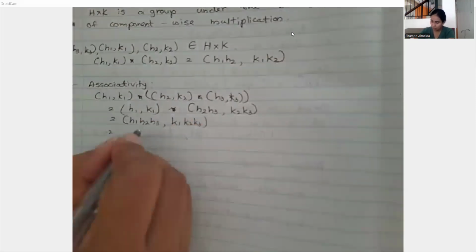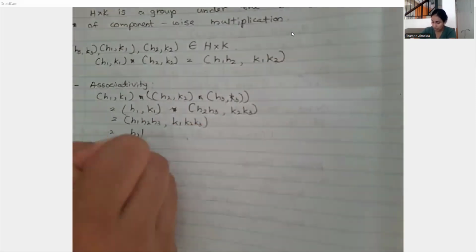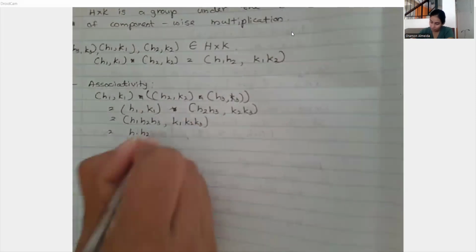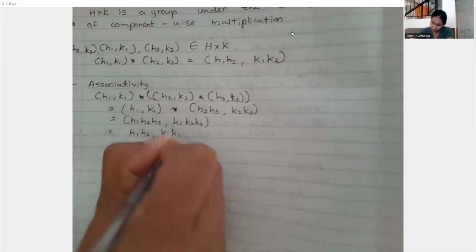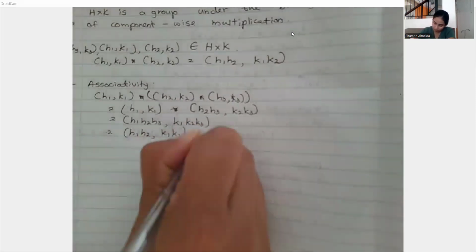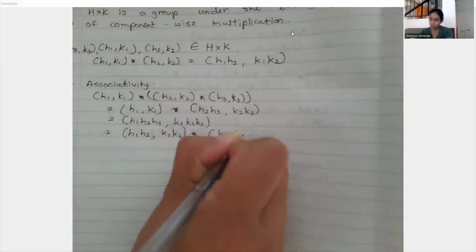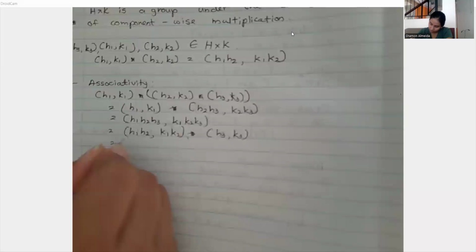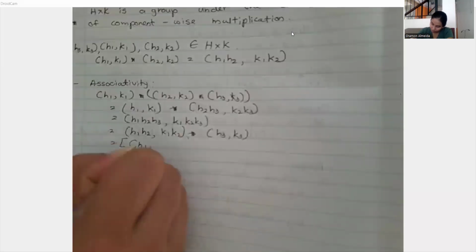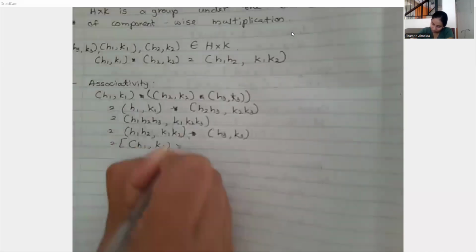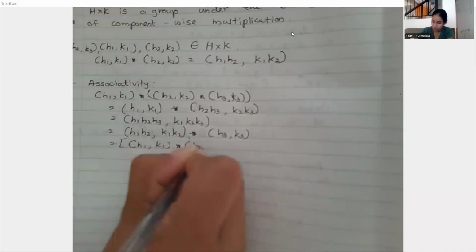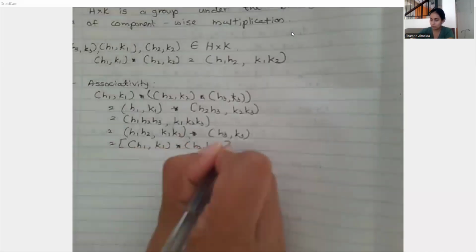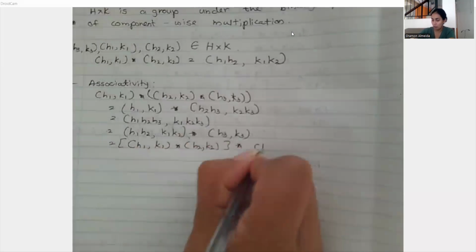This is equal to (h1 h2, k1 k2) star (h3, k3), once again by definition of this binary operation defined over this set. Now this you can write as (h1, k1) star (h2, k2) star (h3, k3). So the associativity property holds.